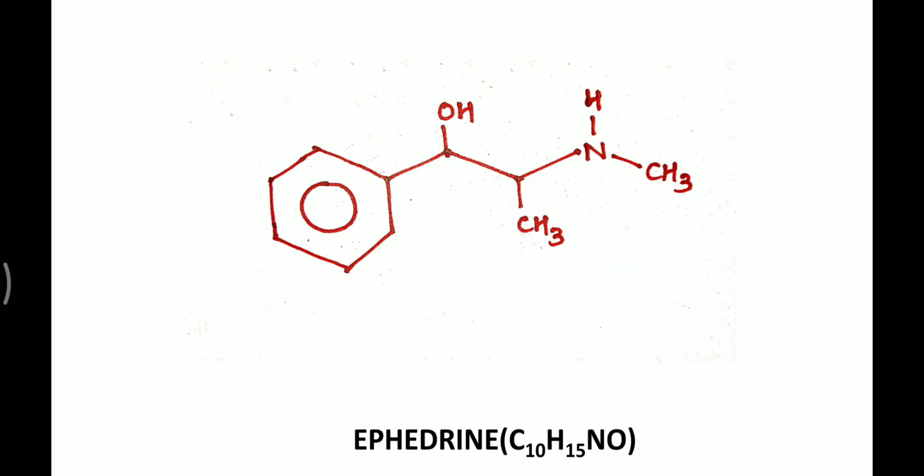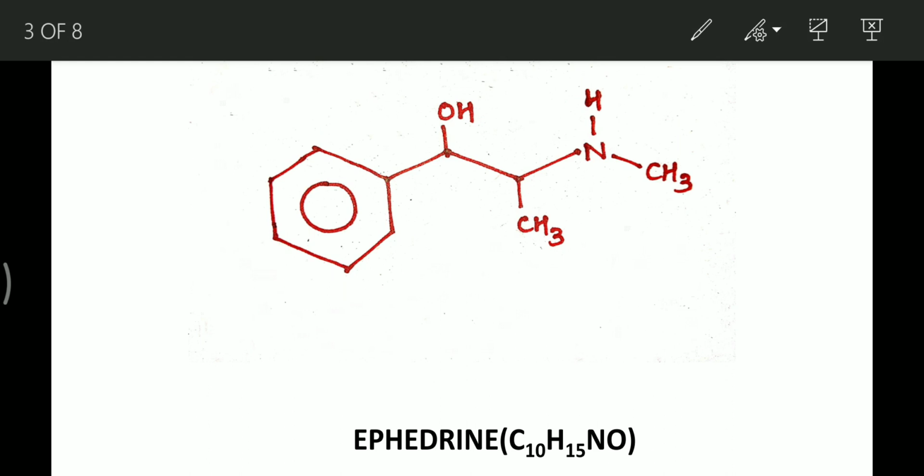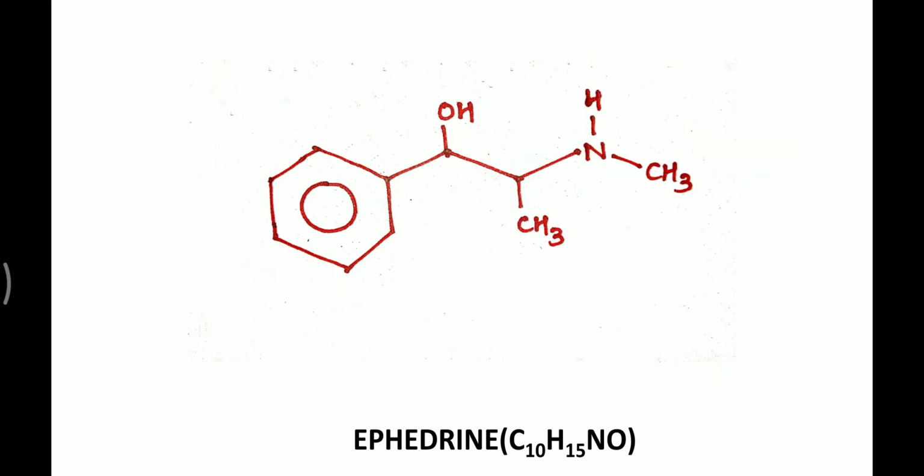So we will see how to draw that one. At first you write the benzene ring. And then for writing the stick structure, you can easily remember it like this. There is a trick. Write benzene.